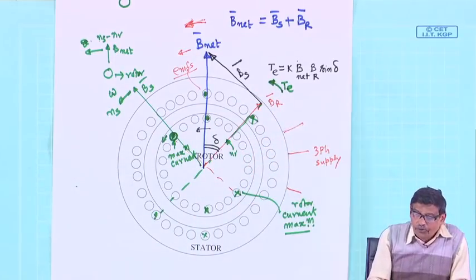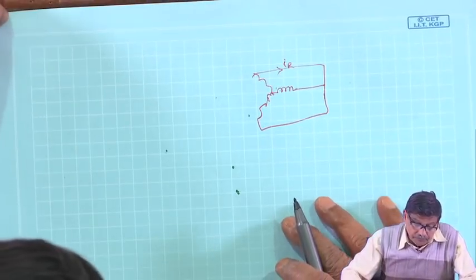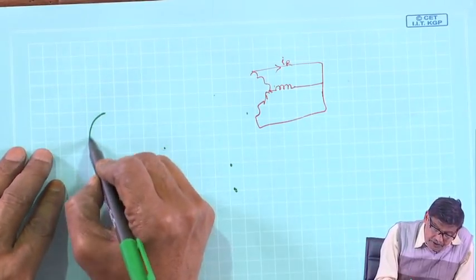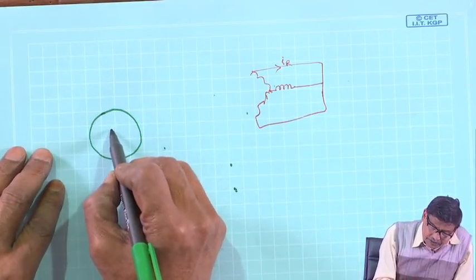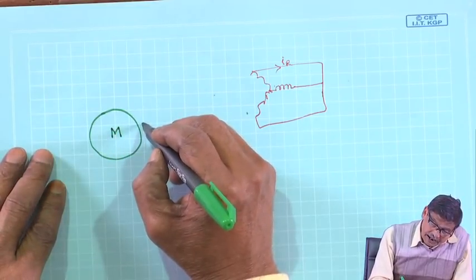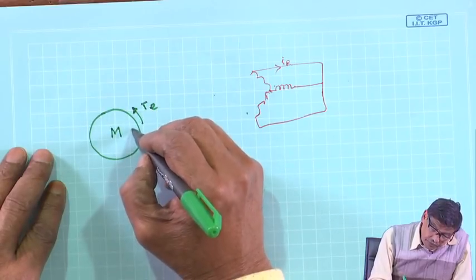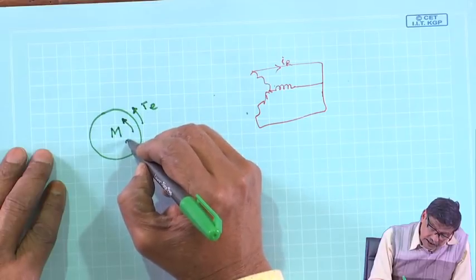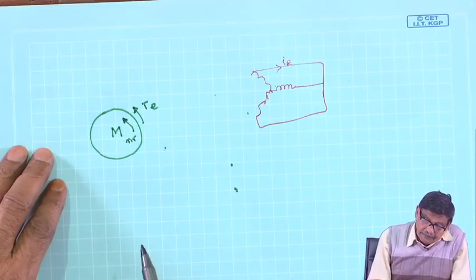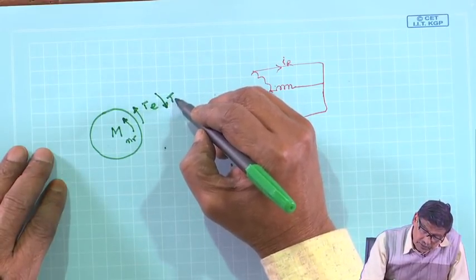So, in a motor mode, if you have a motor, I will simply show like this, your M will be there and the electromagnetic torque will be in the direction of rotation of the rotor Nr. Electromagnetic torque is the driving torque, that is one thing, and the opposing mechanical torque, called the load torque, will be there.